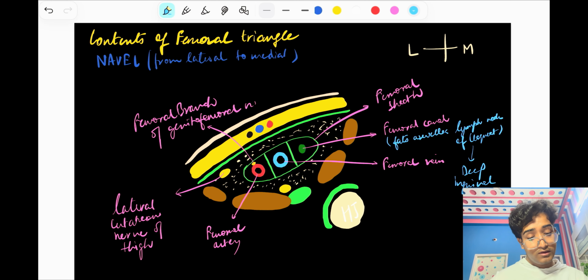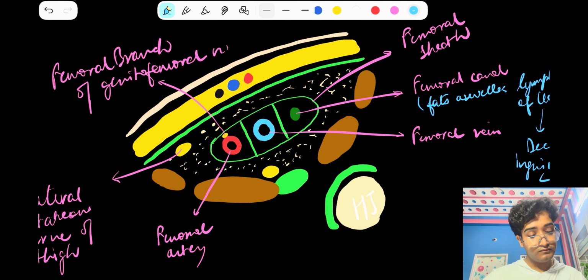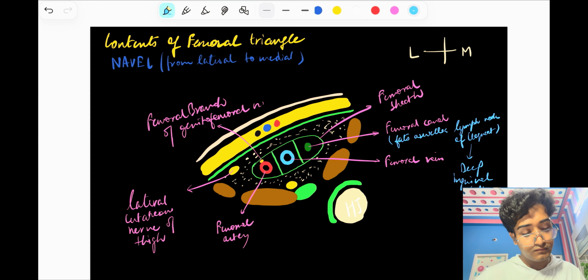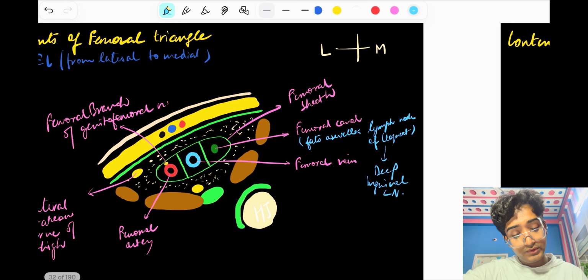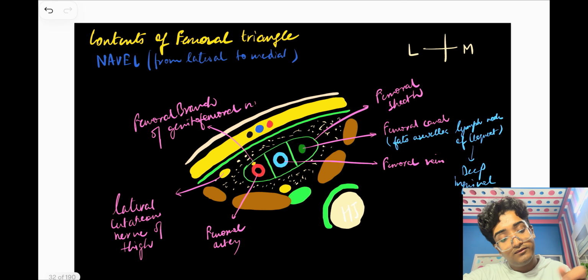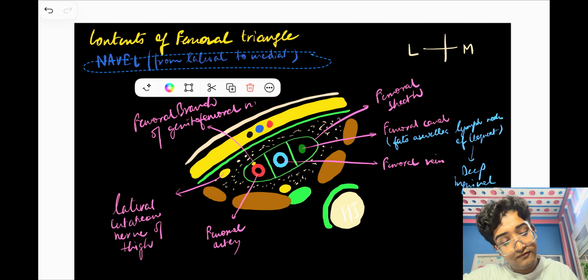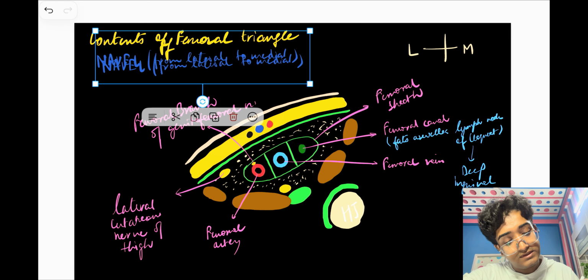So see another diagram showing the contents of the femoral triangle. Again we have the same mnemonic, NAVEL, from lateral to medial side.